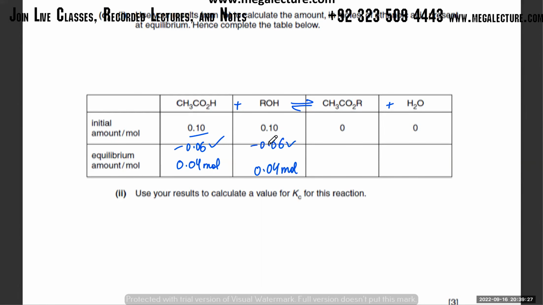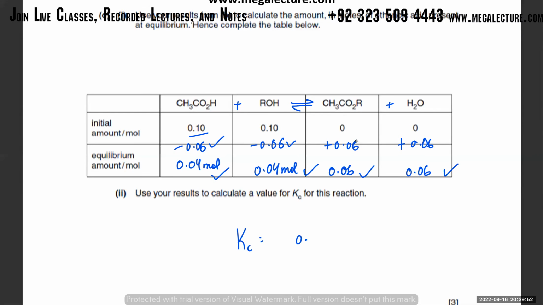And 0.06 will react with 0.06, and on the other side, it's going to produce 0.06, right? 0 initially, 0.06 got produced, so you're left with 0.06. 0 initially, 0.06 extra got produced. So you found your equilibrium moles now in the mixture. And you can now just calculate the value of Kc.